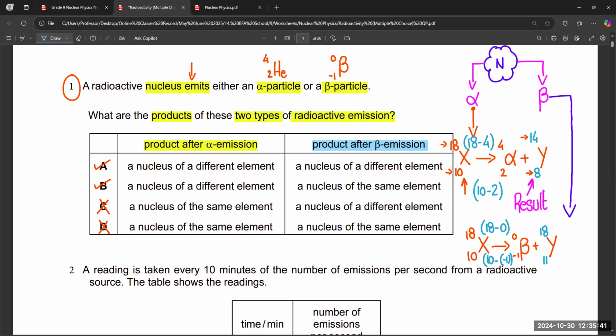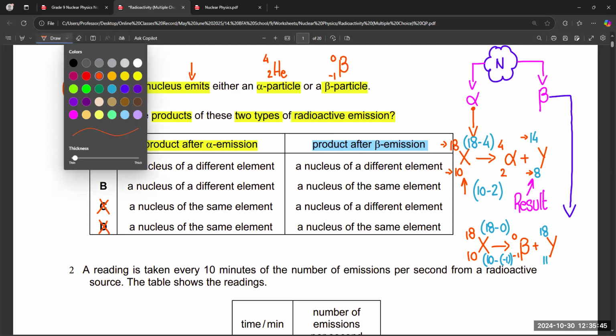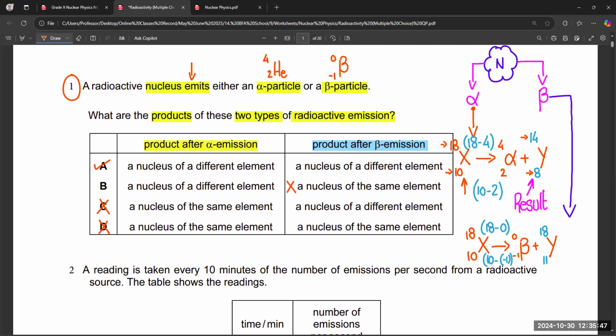So it means option A is correct, because this statement is not correct and this statement is also not correct. There is only one possibility, that is option A: in both cases we will get a different product after alpha and beta decay, right? Yes, sir.